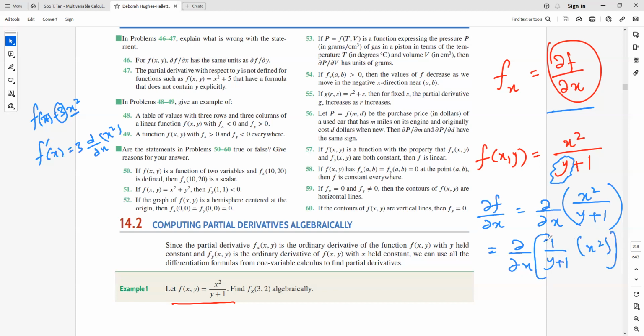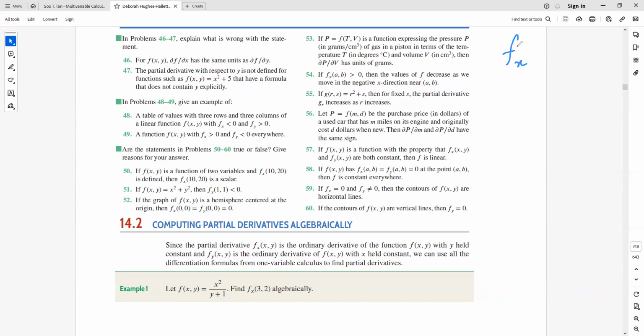Since this is a function of y only, it can be treated as a constant, so we can move it out of the operator, and the operator is only applied to x squared. Therefore we get 2x over y plus 1. So this is fx, that is the partial derivative with respect to x.